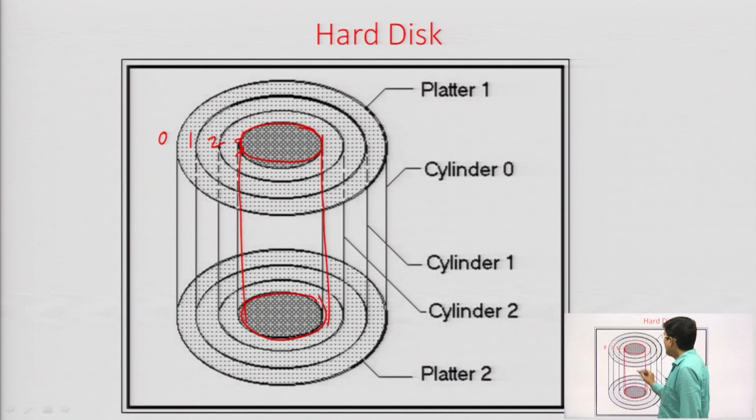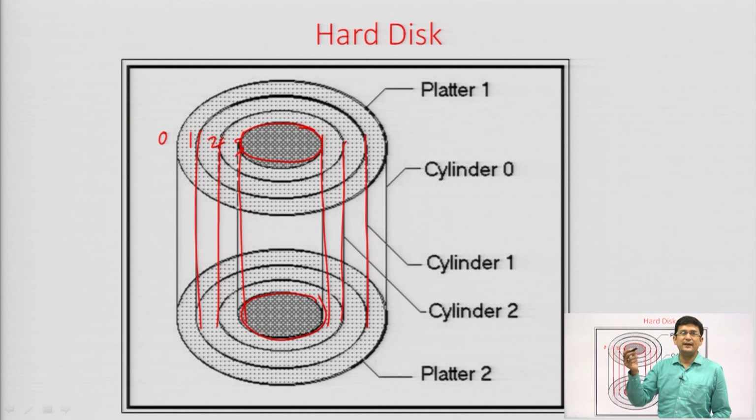Similarly, track 2 on each surface will form a virtual cylinder, and track 1 on each surface will also form a virtual cylinder, and the data is stored in parallel on these cylinders. Since there is a head for each surface, the location of the head will be the same for each surface at any given point of time. So, let us utilize that for storage in parallel.